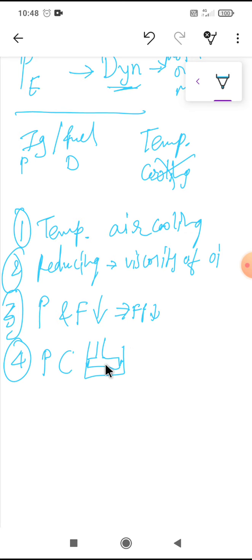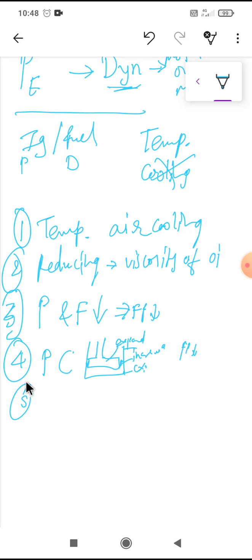If the temperature is high, the piston will expand, and the cylinder may also expand, because of the coefficient of thermal expansion. If the temperature is low, this clearance will increase because it will contract or not expand. So it also reduces the friction power.